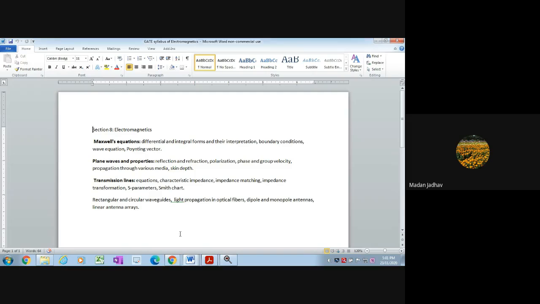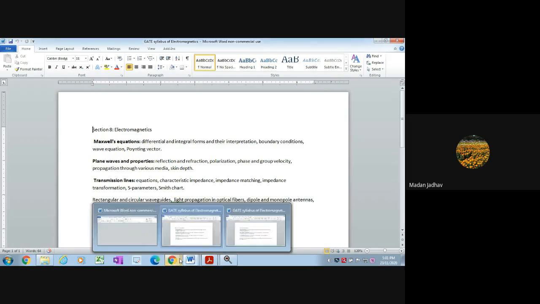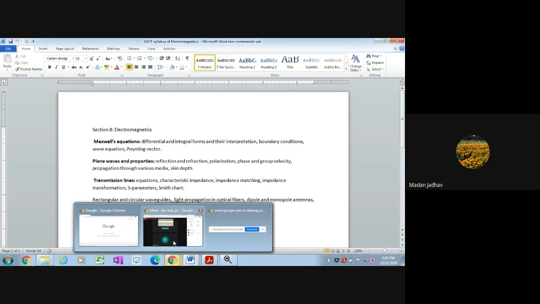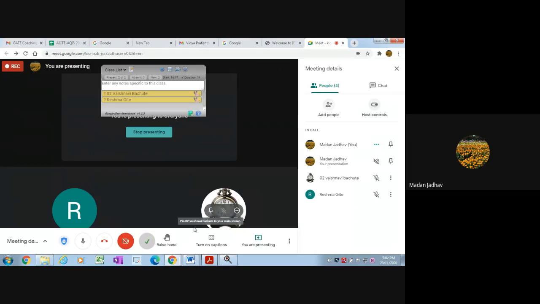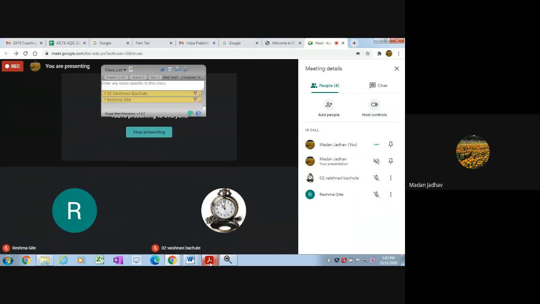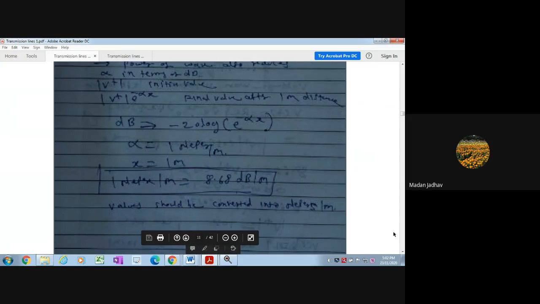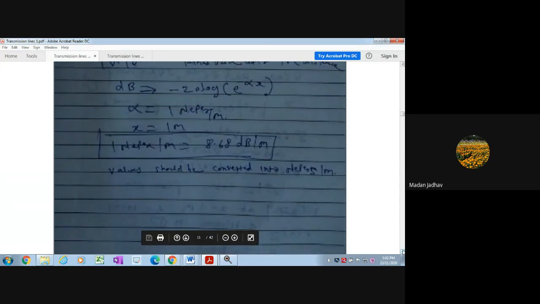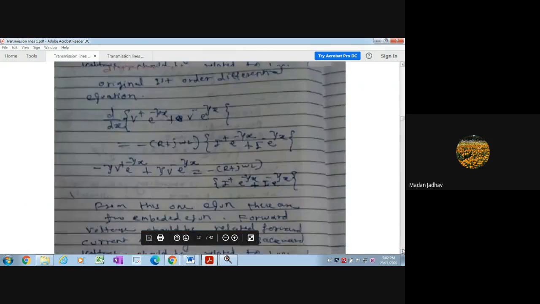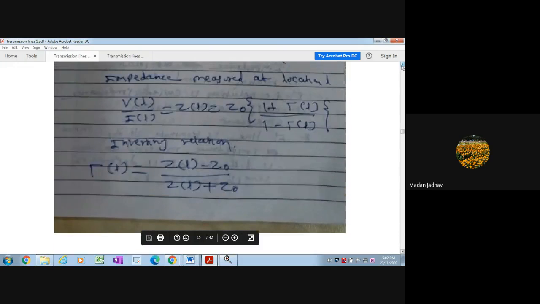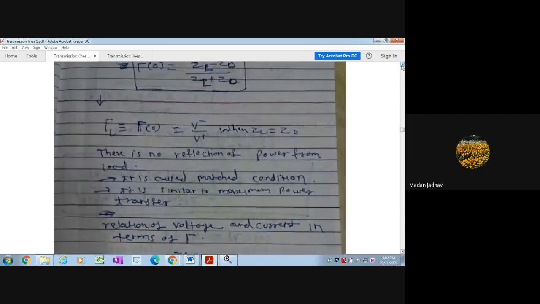Now, therefore, we will start with the transmission line. A transmission line is used to transfer the information or the energy from one point to another point.